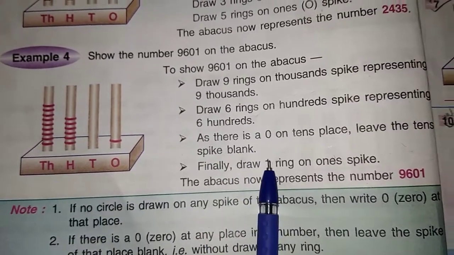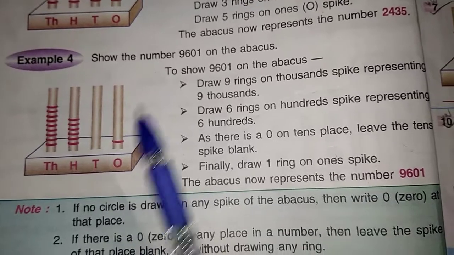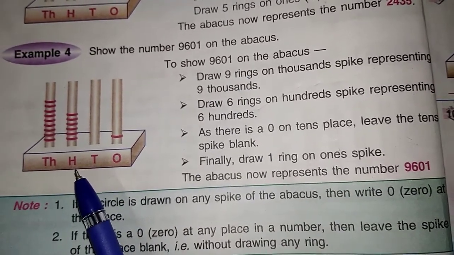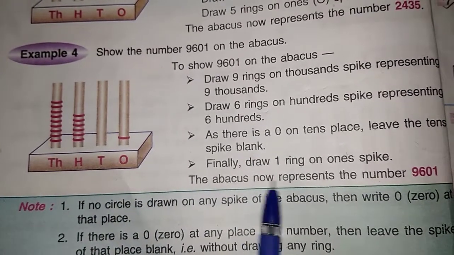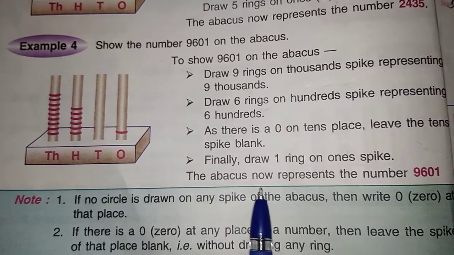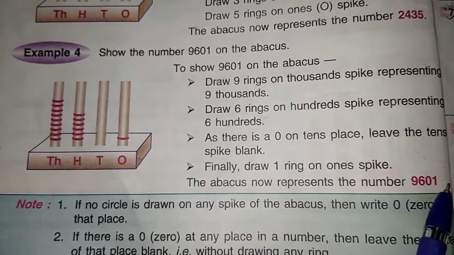As there is a 0 in the tens place, here the tens place is 0, children. Leave the tens spike blank. You should not draw anything here. Finally, draw one ring on the ones spike. The abacus now represents the number 9601, children.